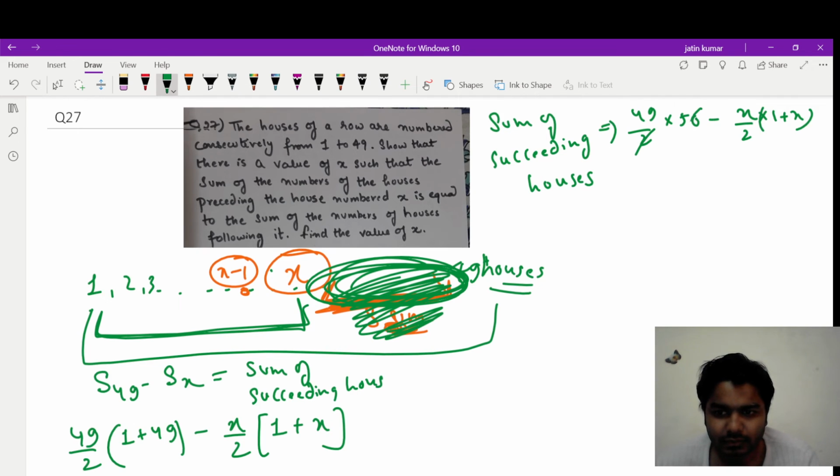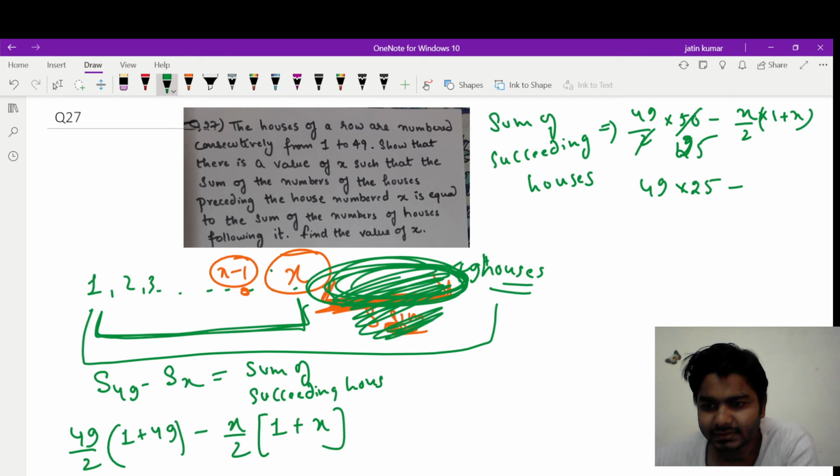How much is that? 25. So 49 into 25 minus x into 1 plus x upon 2. This is the sum of succeeding houses.